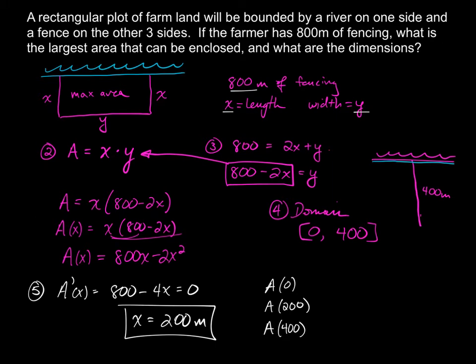So when you substitute 0 into this equation, you end up with 0. And as it turns out, if you substitute 400 into this equation for x, you'll also get 0. When you substitute 200 into this equation here, you will end up with 80,000.